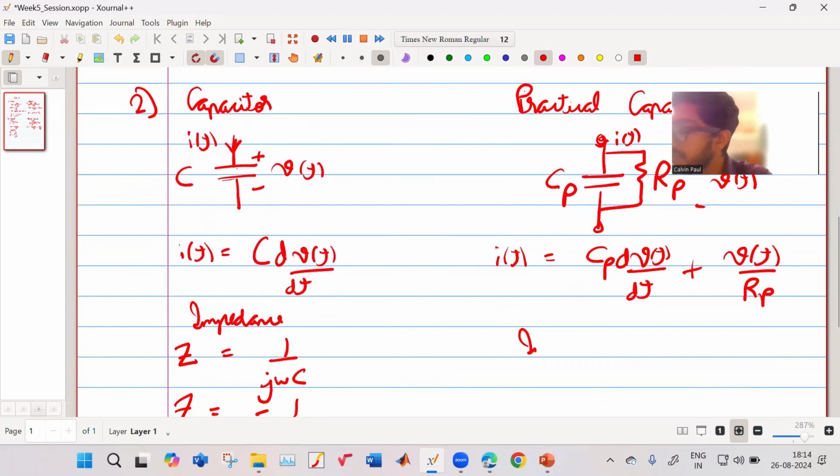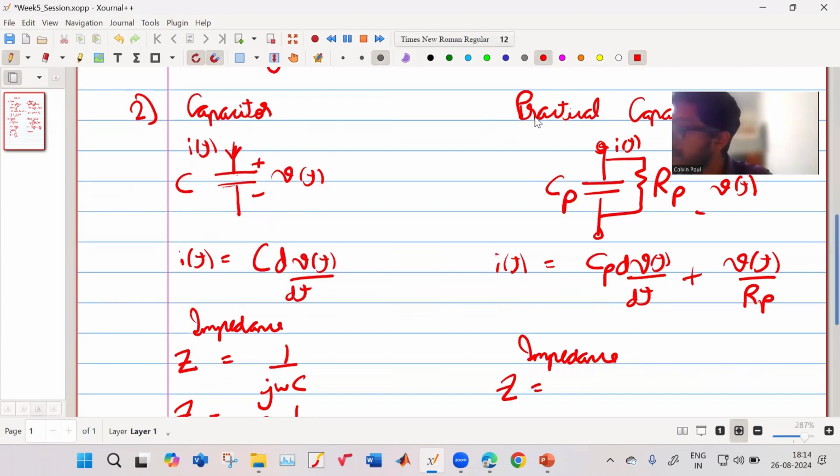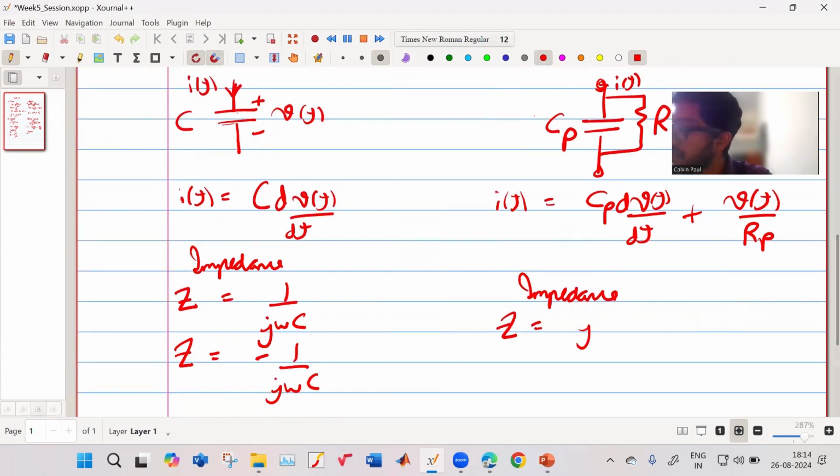So my impedance Z is given by Rp, which is parallel to 1 upon j omega Cp. So this is my impedance Z.